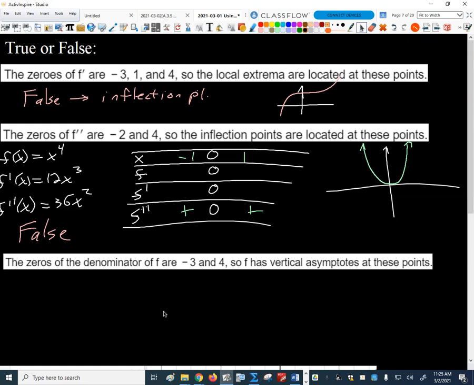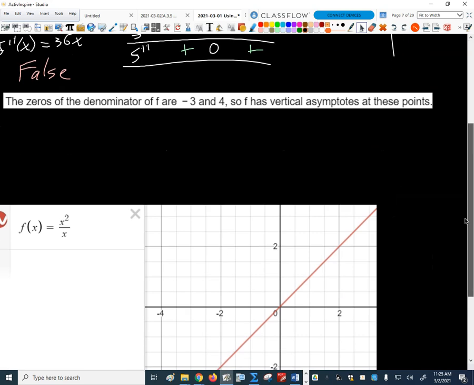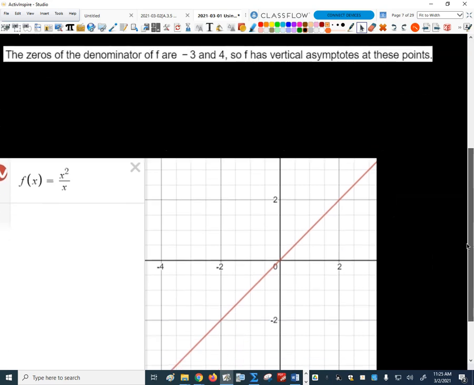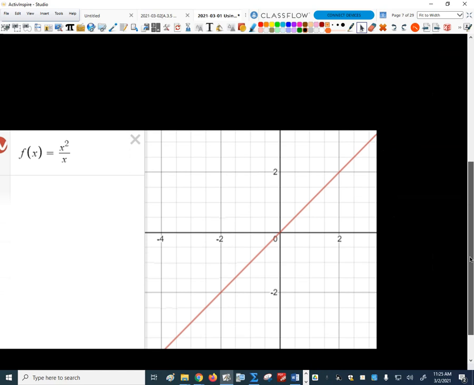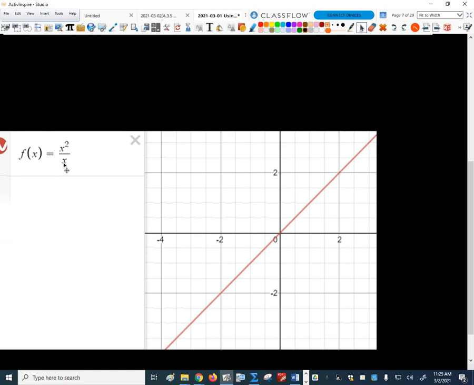A hole, on the other hand, is a shared zero of the numerator and the denominator, right? Does that make sense? Okay, so let's look at a couple quick examples here. What if we took f of x equals x squared over x, right? Well, that's undefined at 0.